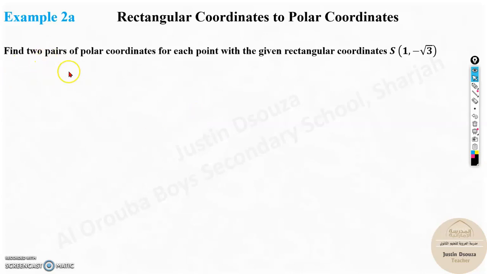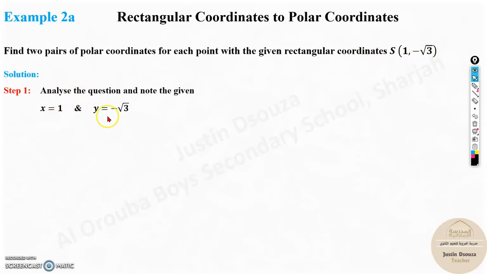Now over here, we have: find two pairs of polar coordinates for each point with given rectangular coordinates. The rectangular coordinates are x value of 1 and y value of minus root 3. What do you do now? All you need to do is write the given x is equal to 1, y is equal to minus root 3.